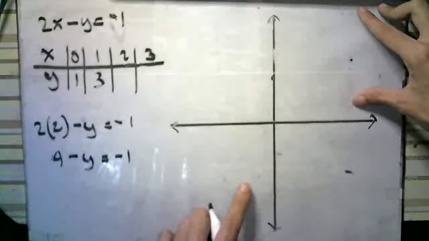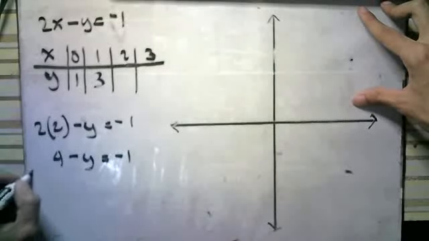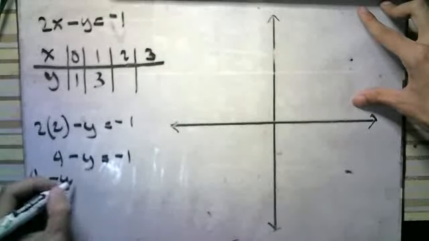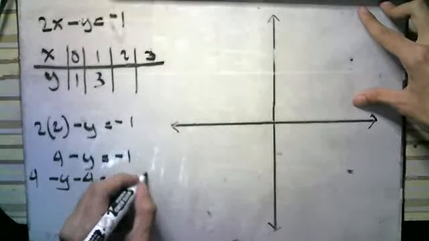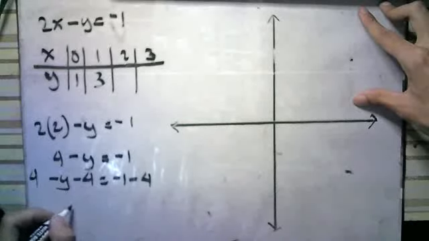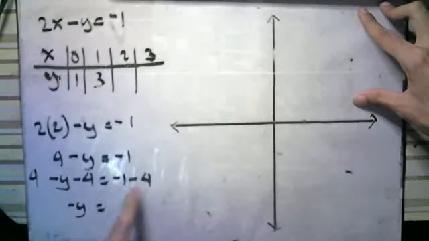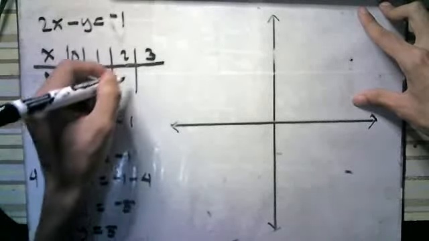We need to subtract that by 4. So, that will be 4 minus y minus 4 is equal to negative 1 minus 4. Subtraction property. So, that will become negative y is equal to negative 1 minus 4. That will be negative 5. Y will be 5.